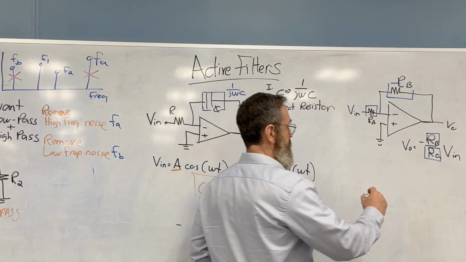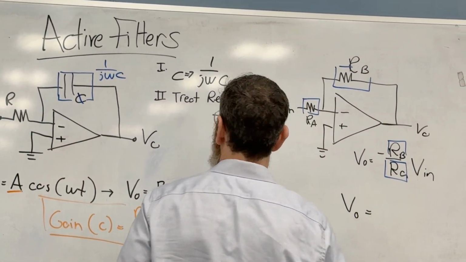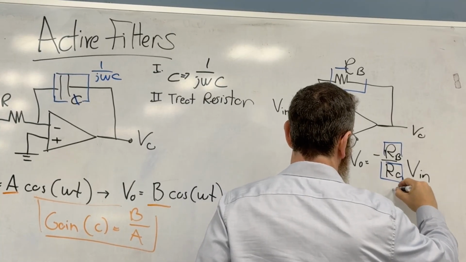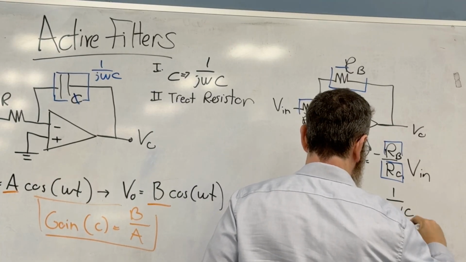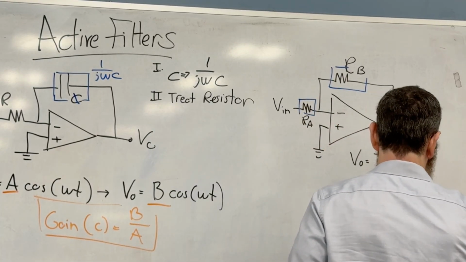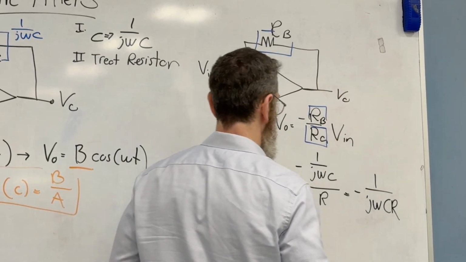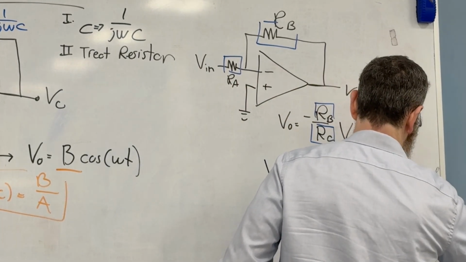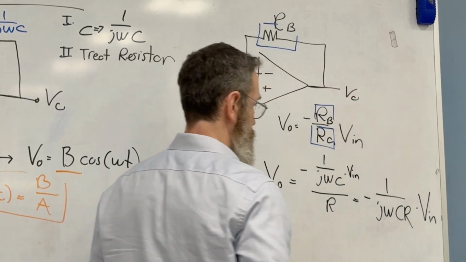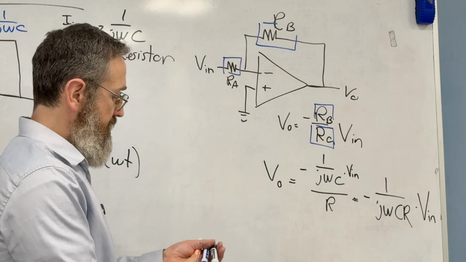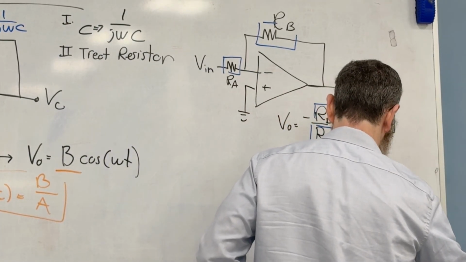If I plug in directly, I will therefore say here that V out is equal to minus 1 over jωC over R, which is equal to minus 1 over jωCR, times Vin. And this thing here is the transfer function.